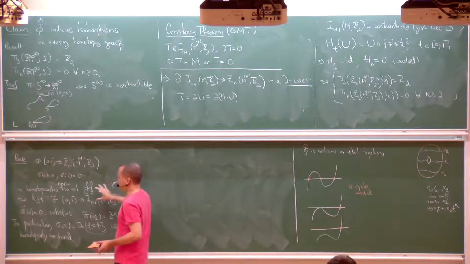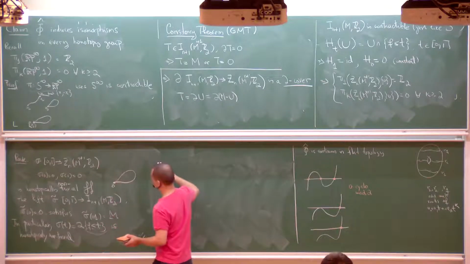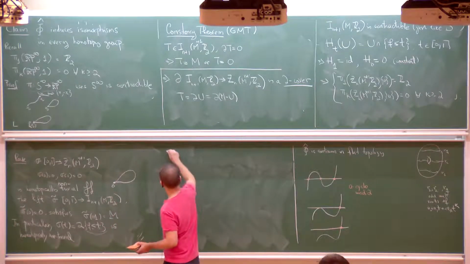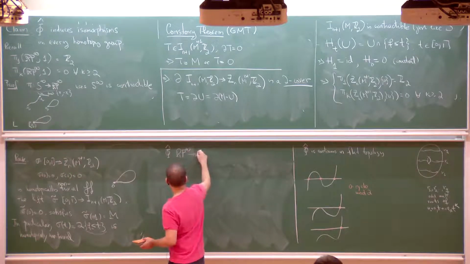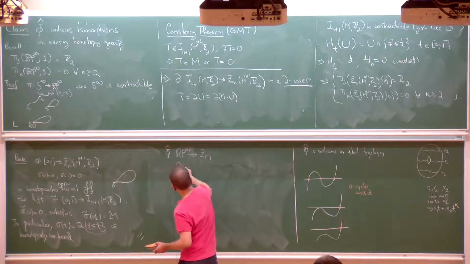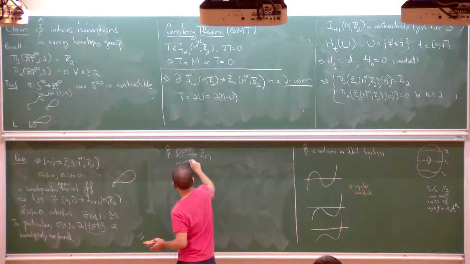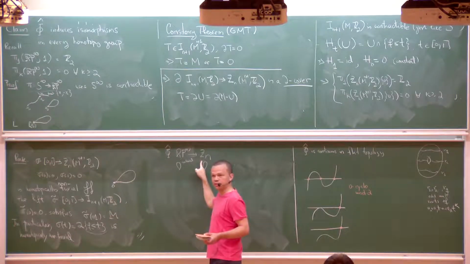Right, so what I showed here was that the homotopy groups are the same, but then it's easy to check that when I look at my map phi hat, which goes from RP infinity to the space of cycles, if I take a non-trivial loop in RP infinity, then the image under phi hat is also going to be non-trivial in Zn.